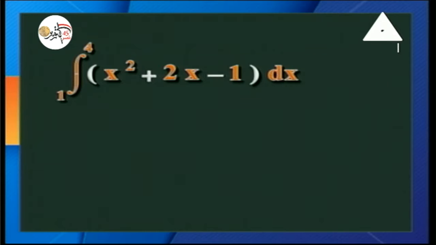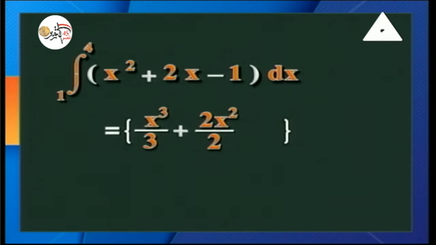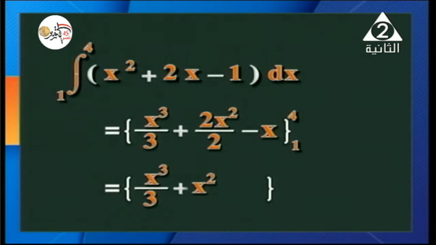The integration of 2x is 2x squared over 2. The integration of the constant minus 1 is minus x. Therefore, the answer is x cubed over 3 plus x squared minus x, from 1 to 4. This is definite integration over the closed interval from 1 to 4.